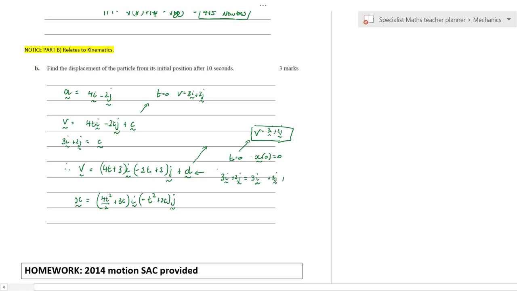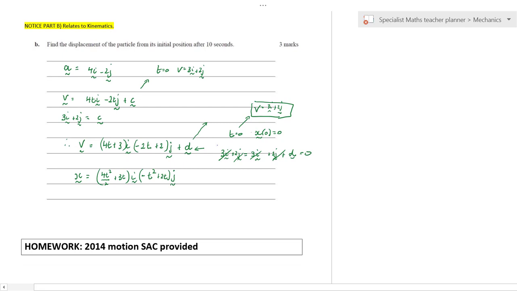Oh, isn't that nice? Plus d. Our constant vector, d, is equal to 0. Doesn't that work out quite nicely? So there you go. We've got this, we've done this.